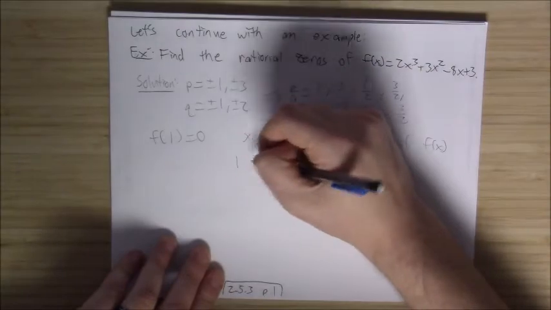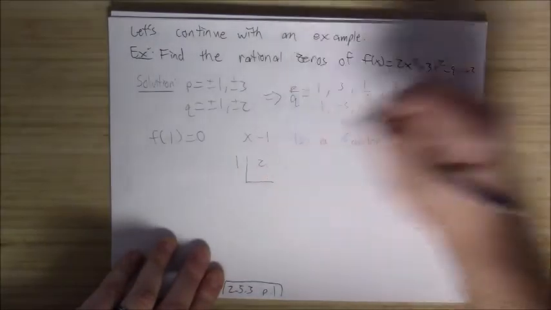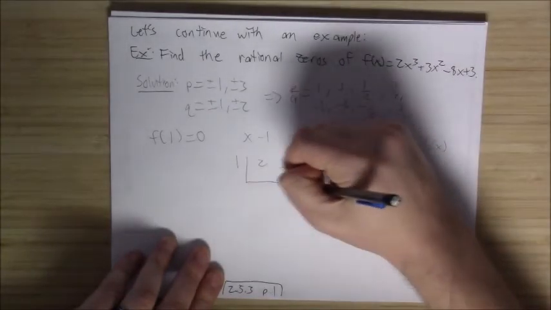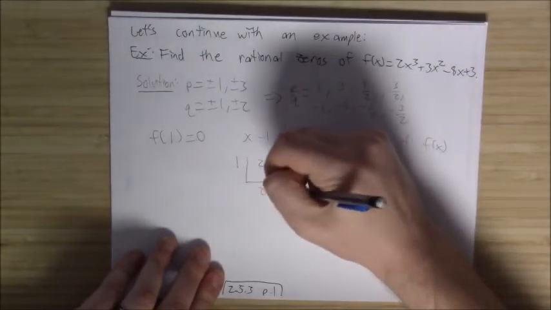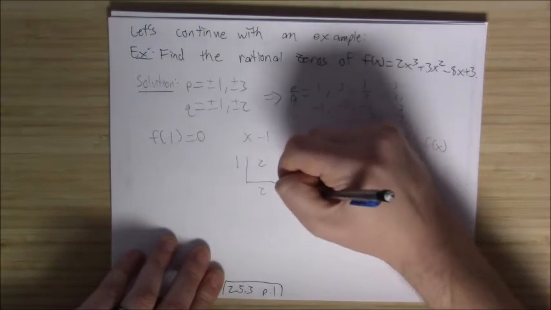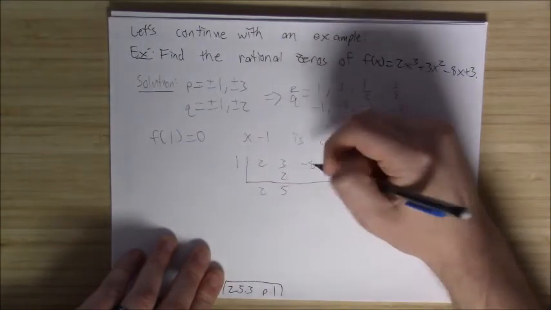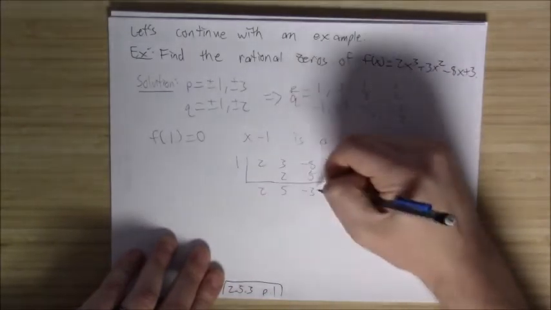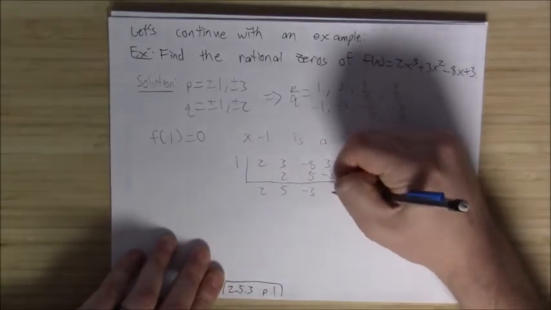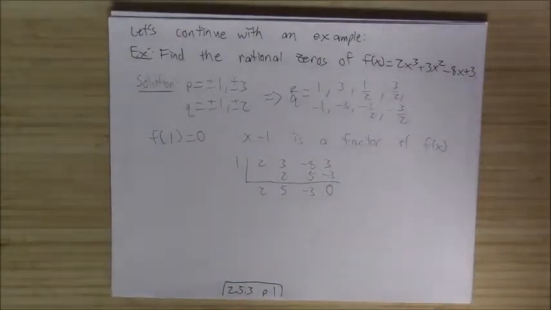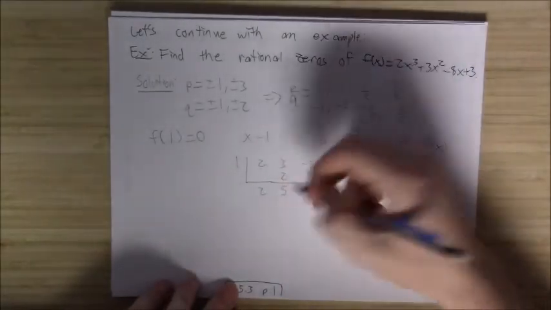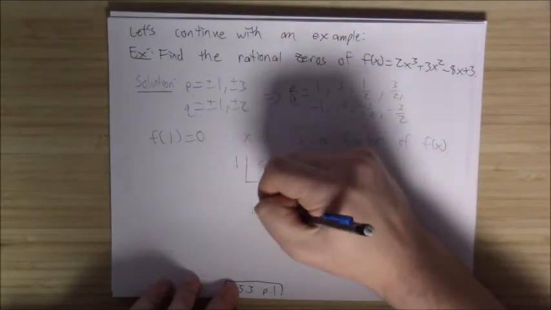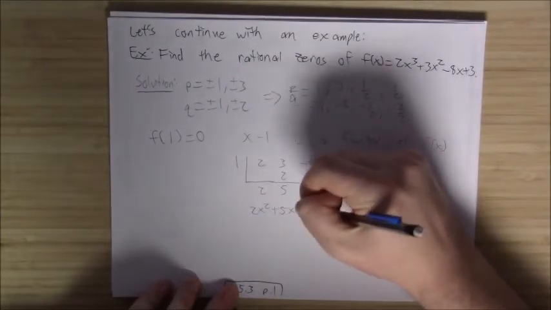We have 1, and then 2, 3, negative 8, and 3. 1 times 2 is 2. 3 plus 2 is 5. 1 times 5 is 5. Negative 8 plus 5 is negative 3. 1 times negative 3 is negative 3. And 3 plus negative 3 is 0, which works. So we now have as our quotient 2x squared plus 5x minus 3.